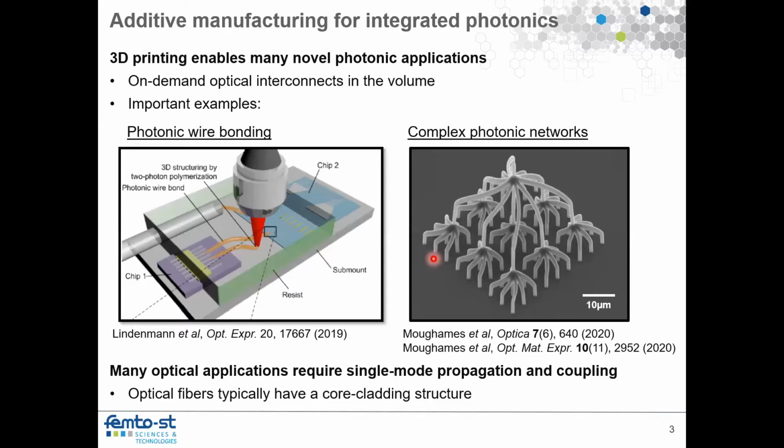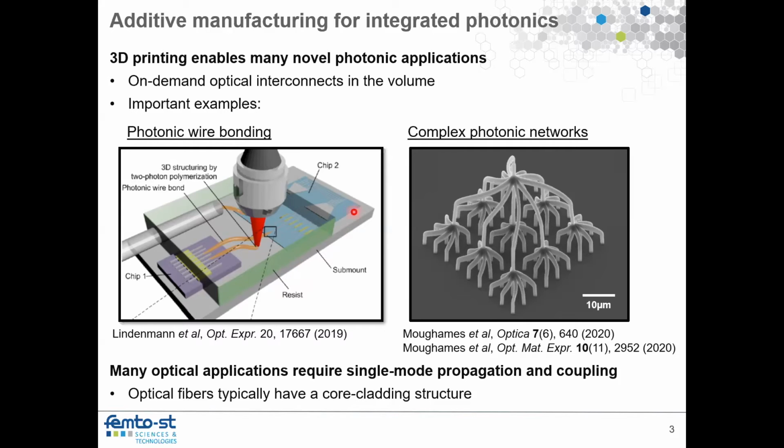As Daniel already introduced, this 3D printing based on direct laser writing is finding a lot of applications in photonics. I highlight here photonic wire bonding, besides the complex photonic networks that Daniel already explained. That is very interesting and is generating a lot of research because it gives the opportunity to bring free-form prototyping to hybridized platforms.